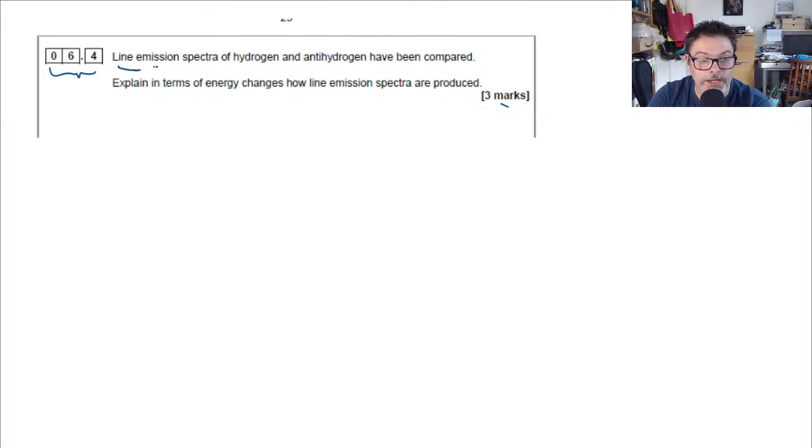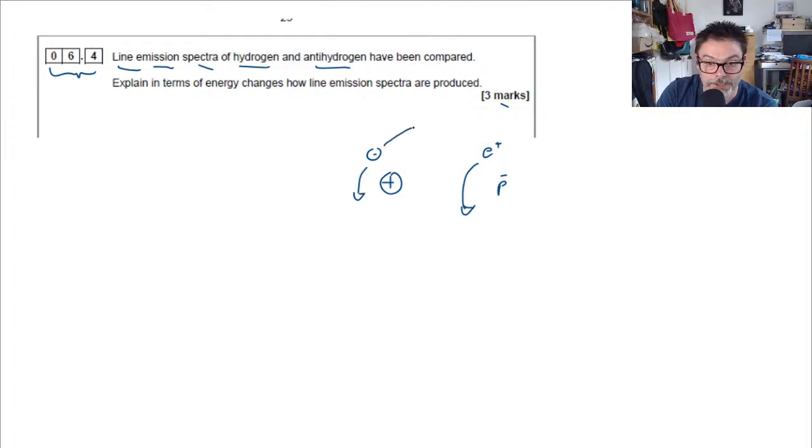So the line emission spectra of hydrogen and anti-hydrogen have been compared. Hydrogen, of course, is a proton with an electron whizzing round. But anti-hydrogen would have an anti-proton in the middle, which is negative, and a positron going around the outside. Now the positron and the electron will have the same mass, and the proton and anti-proton will also have the same mass.